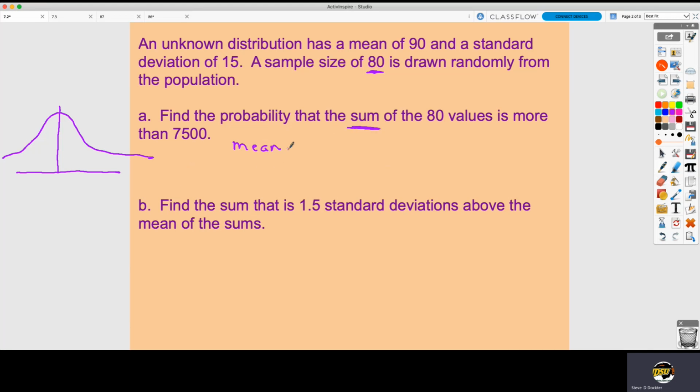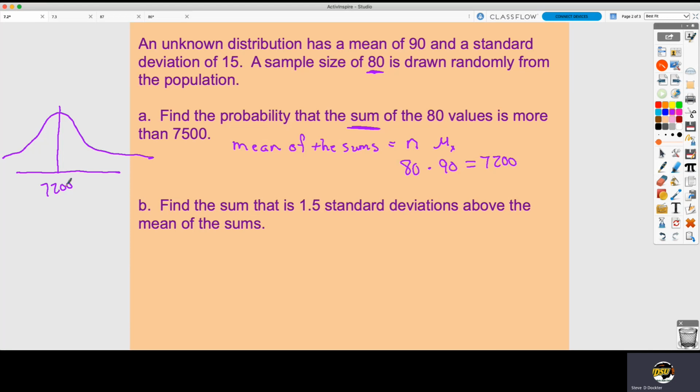So to find the mean of the sums, we're going to have to take our n, which is our sample size, times our mu of x, which is our average. This is for the mean of the sum, so our average here for this situation is 7,200.